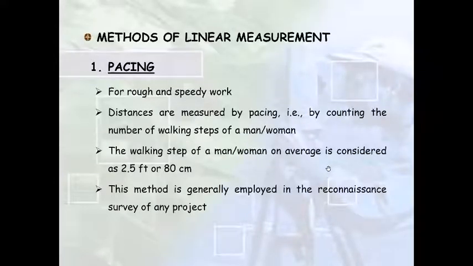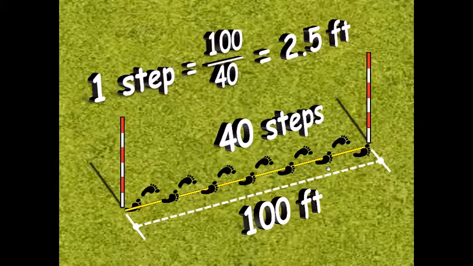So pacing is something that you have done in the lab and you're very familiar with this. In pacing, what you do is you set out two pegs or two ranging rods, basically two points at a specific distance, and that distance is known. And then you walk from one point to the next and you count the number of steps that you took. Just by dividing the distance by the steps you took, you get your pace length.